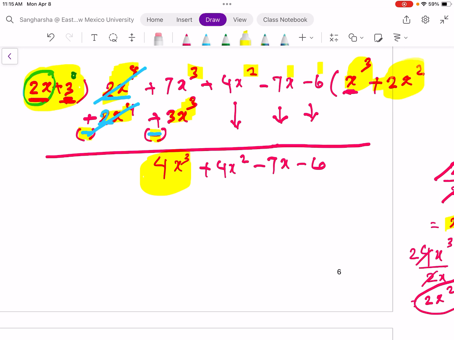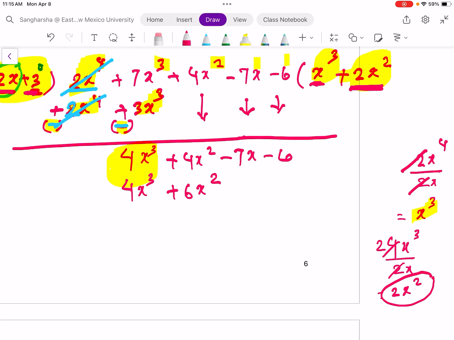Now we use 2x squared to multiply every term of the divisor. 2x squared times 2x is 4x cube. 2x squared times positive 3 is positive 6x squared.